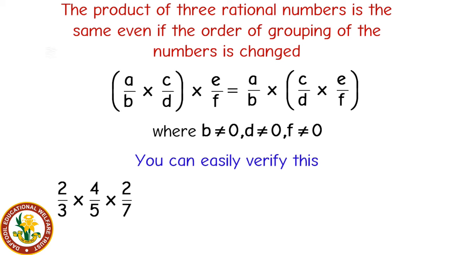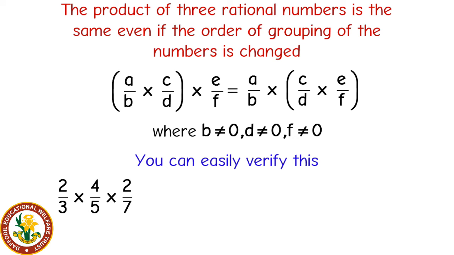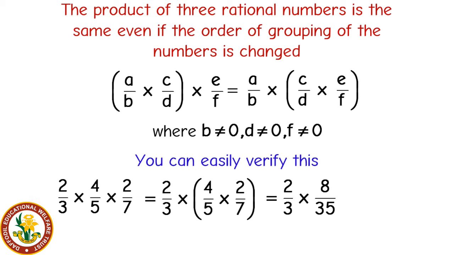(2/3 × 4/5) × 2/7 is equal to 8/15 × 2/7, which is equal to 16/105. And 2/3 × (4/5 × 2/7) is equal to 2/3 × 8/35, which is equal to 16/105.